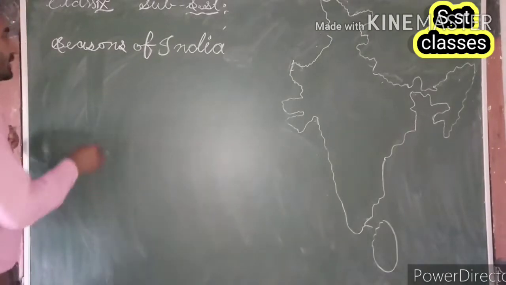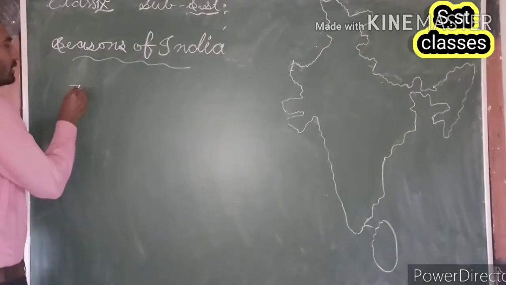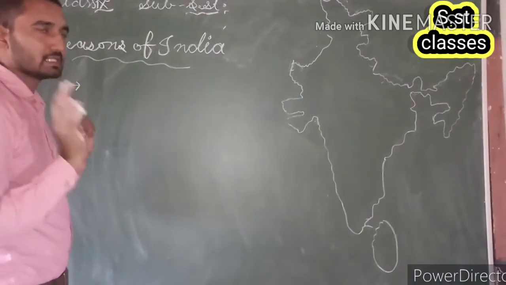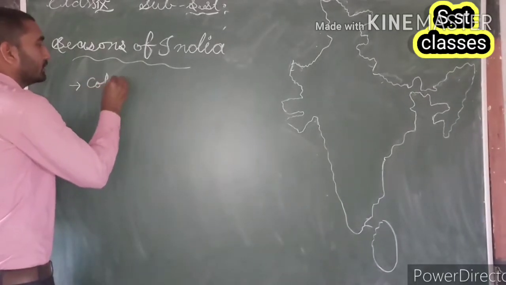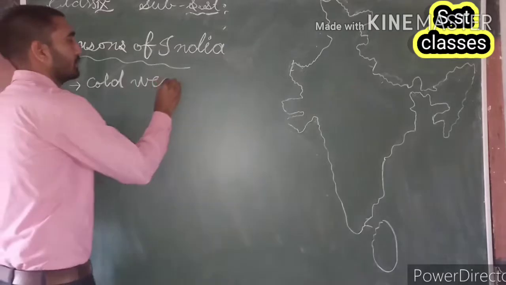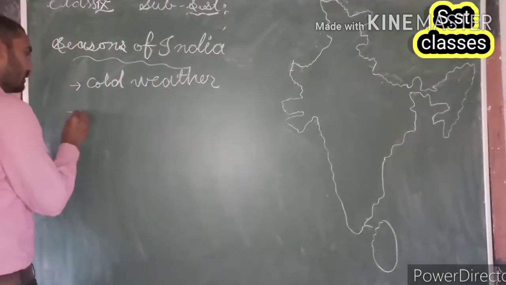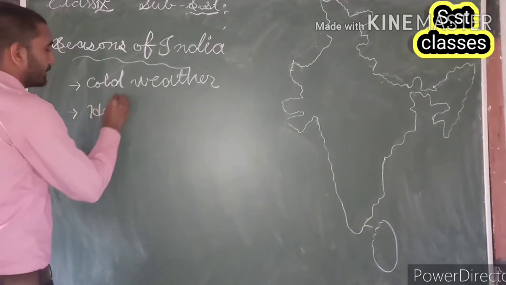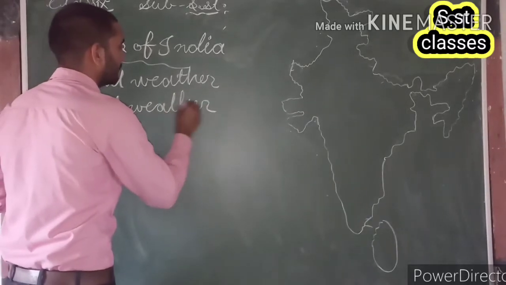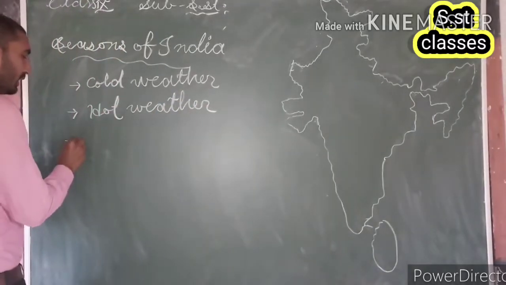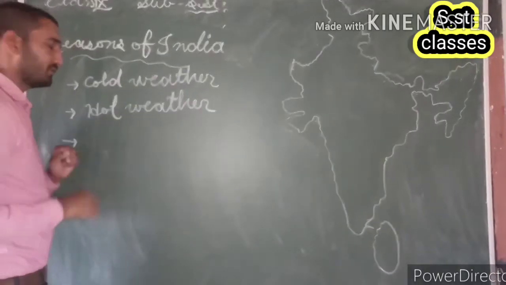If we discuss the seasons of India, then we can say that there are four major seasons. The first is called the cold weather season. The next one is the hot weather season. Along with that, there are two seasons related with rainfall.